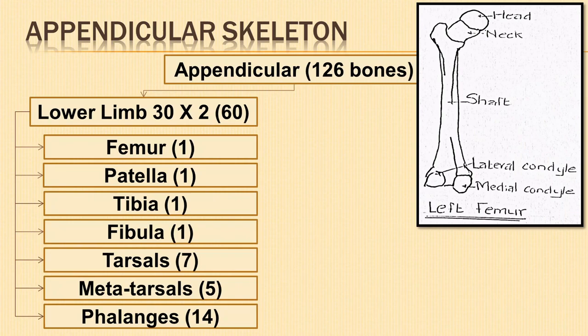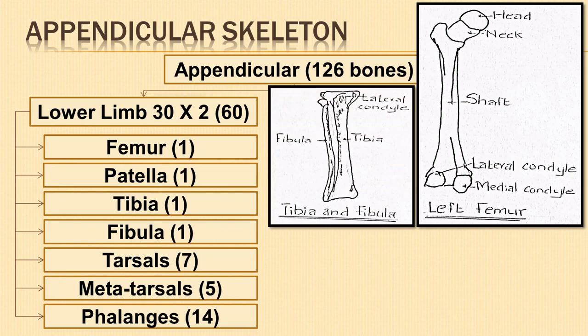The patella is also known as the kneecap. It is a small, flat, triangular bone which articulates with the femur. In humans, the patella is the largest sesamoid bone that is embedded within a tendon.